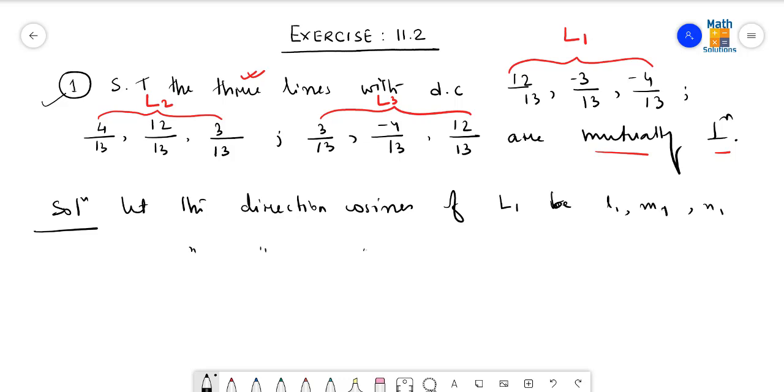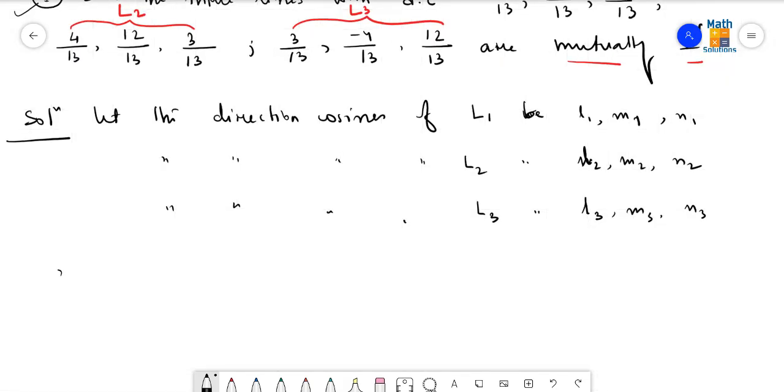Then the direction cosines of L2 be small l2, m2, n2. Then the direction cosines of L3 will be small l3, small m3, small n3. Then after this, case 1, for capital L1 and capital L2, let us check.